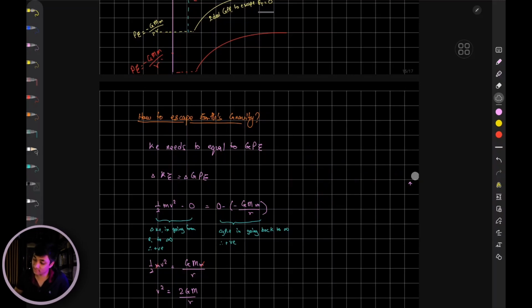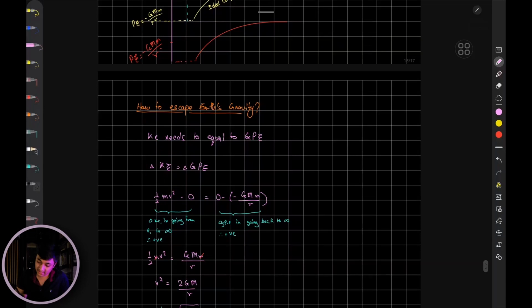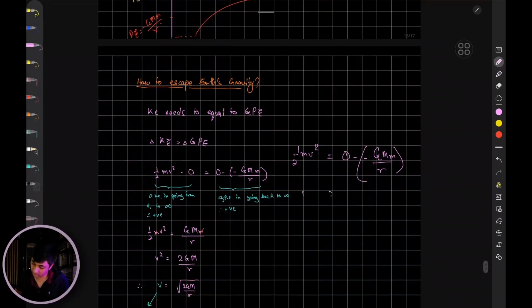Therefore, the change in gravitational potential energy that the object goes through in going from near the Earth's surface to infinity needs to be equal to its kinetic energy. Your change in kinetic energy is half mv squared, and your change in gravitational potential energy is going to be 0, because at infinity it is 0, minus minus GMm by r, because near the Earth's surface it is minus GMm by r. So you get half mv squared equals GMm by r.